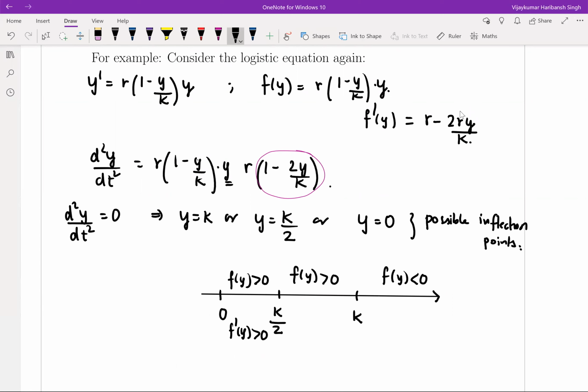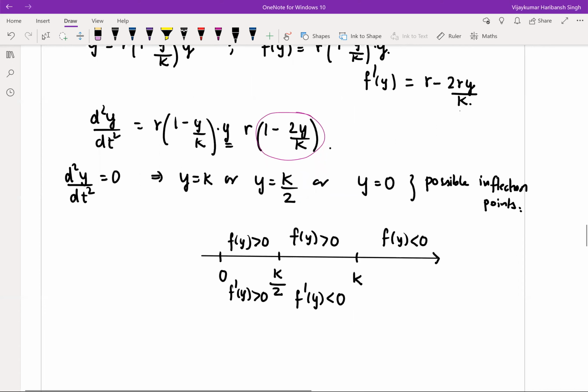Now what about f'? f' is this linear function, so it will change the sign after k/2. It is greater than 0 here, less than 0 here, and beyond k, f'(y) is going to be less than 0.